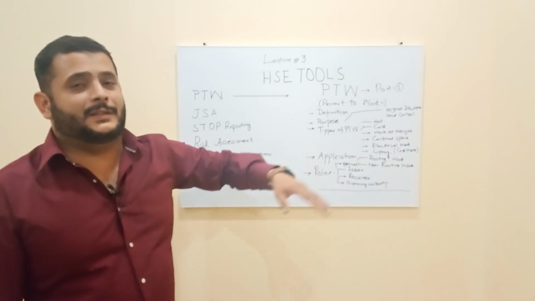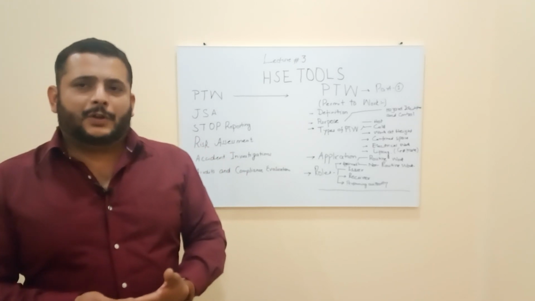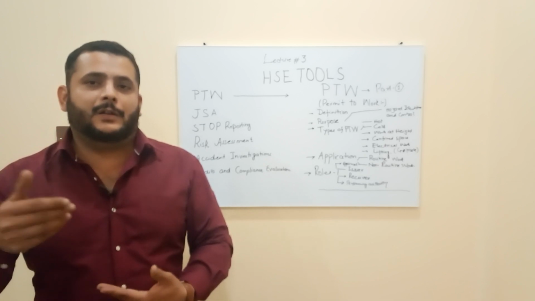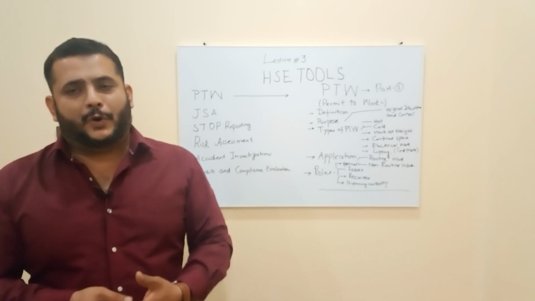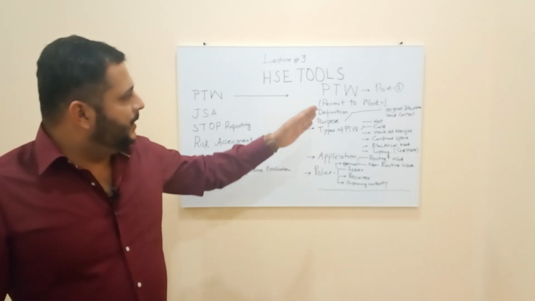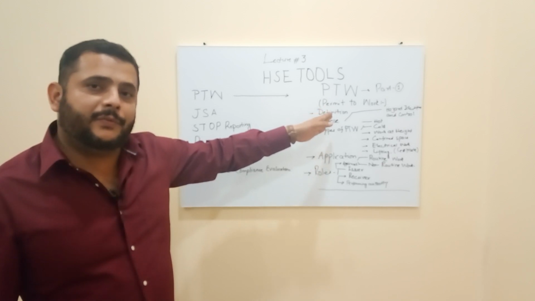As the name indicates, this is a permission for performing a job. When you are doing a job in an organization, you must take permission from someone higher in authority so that everything you are performing is in that person's knowledge.